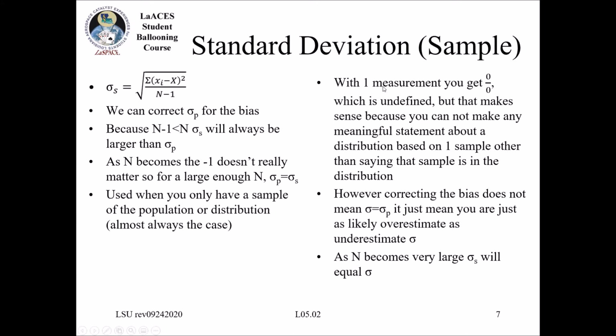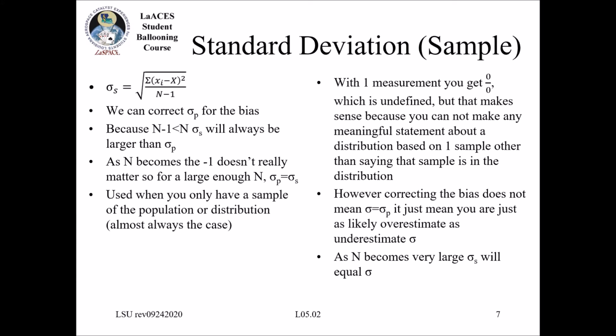Also, this has an intuitive sense that if I take a single measurement, I can't tell anything about what that actual distribution is. I've just picked one random value, maybe one way off to the side, so it doesn't really tell you anything. And if you look at the value you would get with a single measurement, you get 0 over 0, which mathematically is indeterminate.